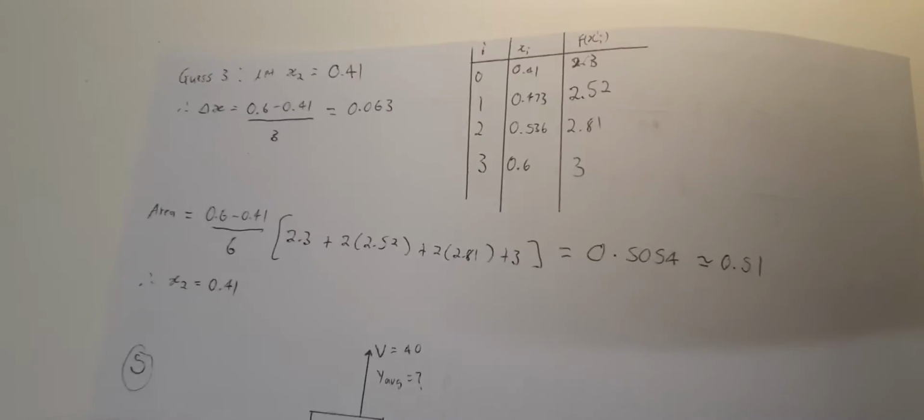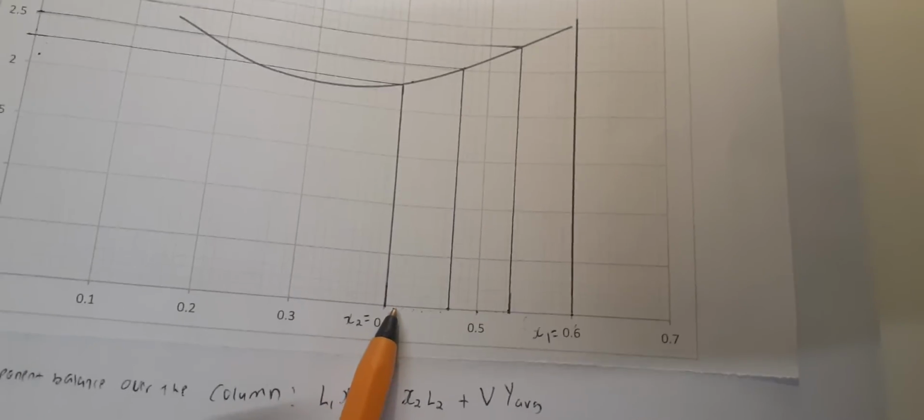The next guess I made was letting x2 be 0.41, with the aim of slightly moving this horizontal line from here to here, slightly decreasing the area to approach the true area.